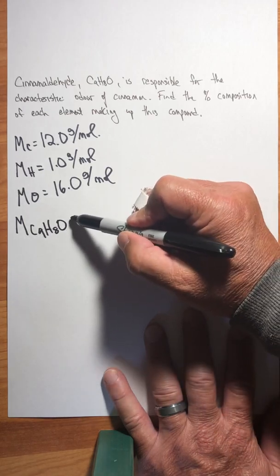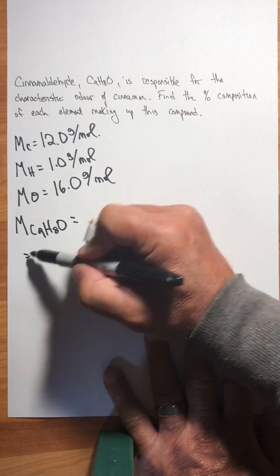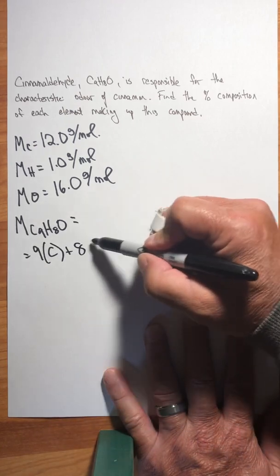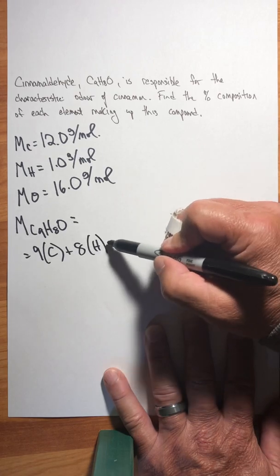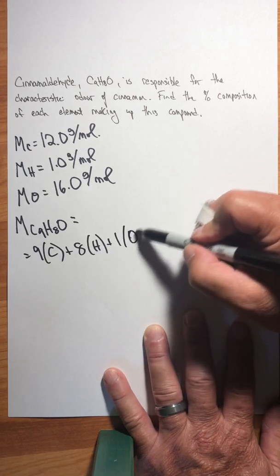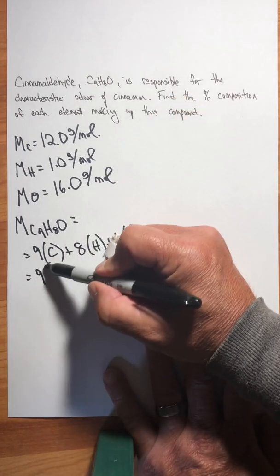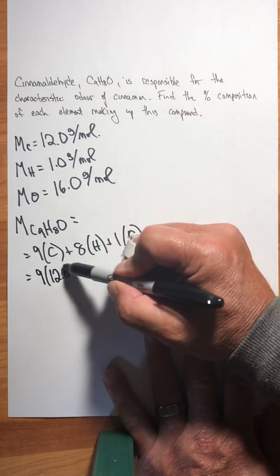All right. Now, we know that this compound consists of 9 carbon, 8 hydrogen, and 1 oxygen. So I've already looked up the molar masses up here. So I'm just going to plug them in.